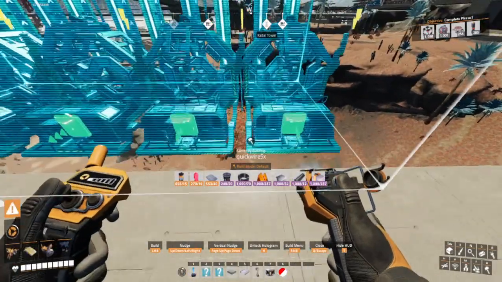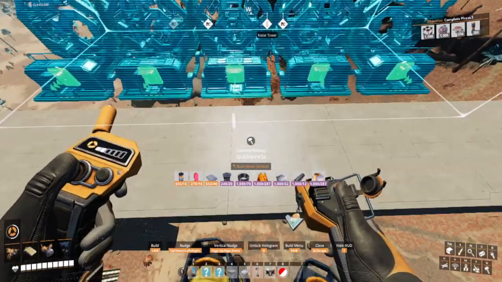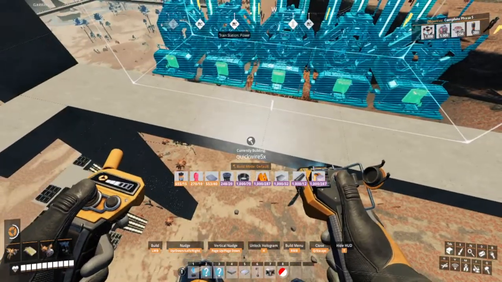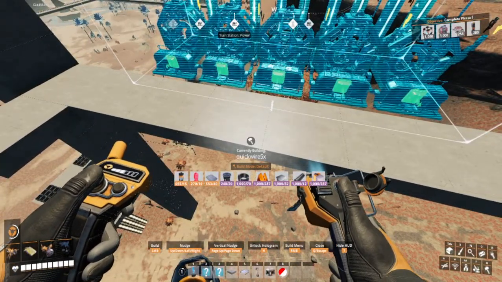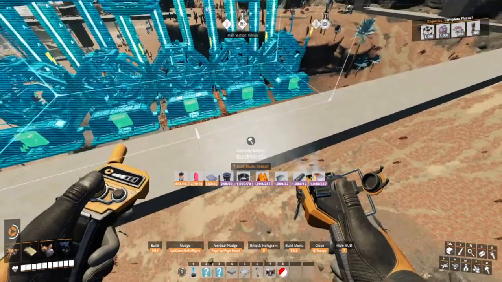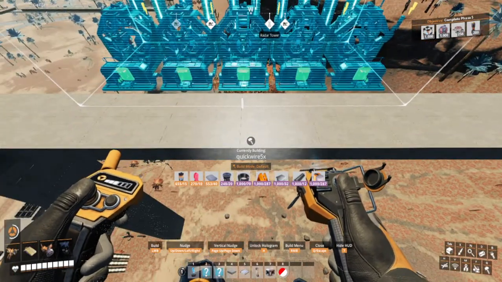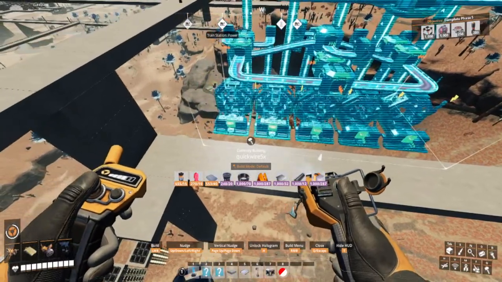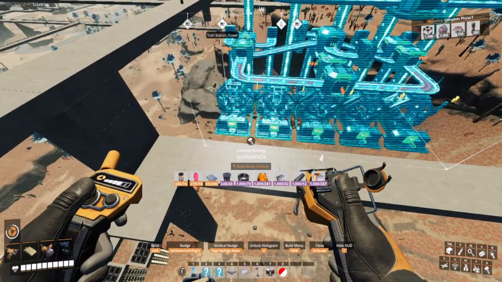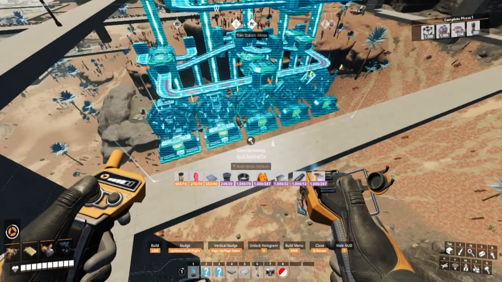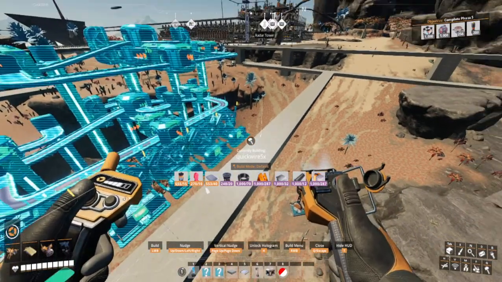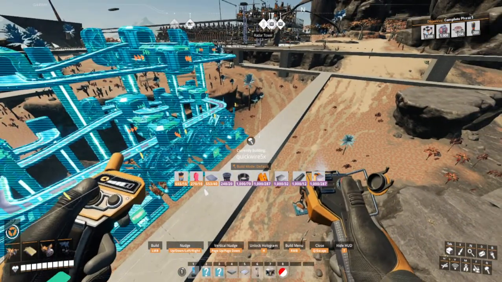Oh, I guess it's just the angle I'm looking at. Now the center. So you have 1, 2, 3, 4, 5, 6, 7, 8. So it's an 8 by 8 square, plus your 6, so 14. It'd be 14 square exterior. 14 by 14.